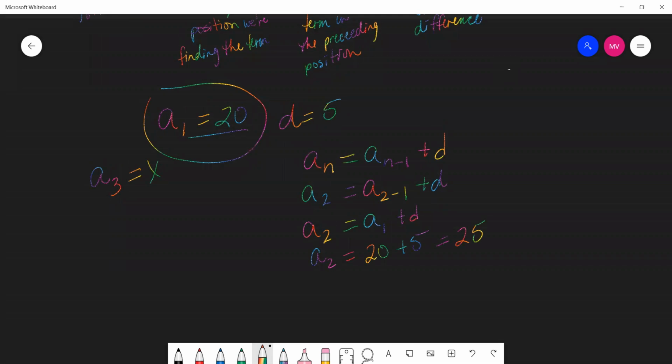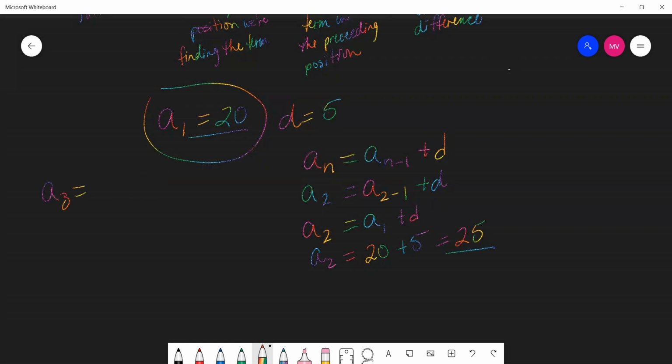And so now that I know the term in position 2, I can calculate using a recursive formula the term in position 3. See, the explicit formula kind of makes the recursive formula obsolete because it eliminates this step by step. So if I want to find A3, now that I know A2, I can do that.